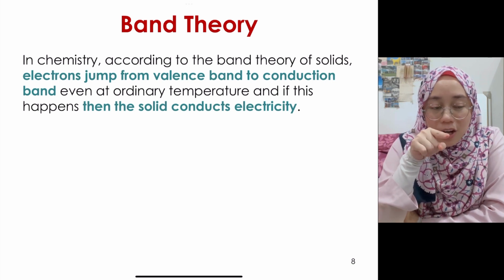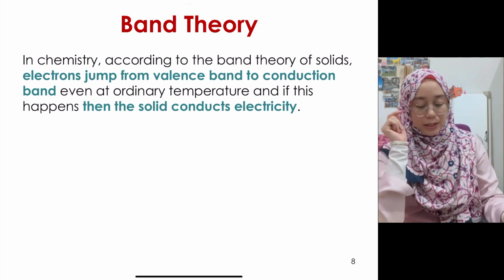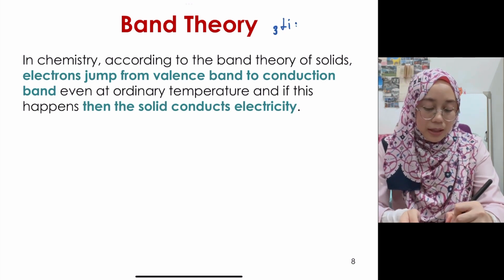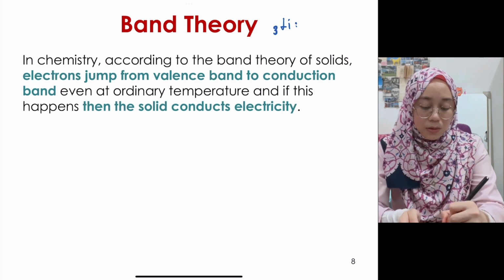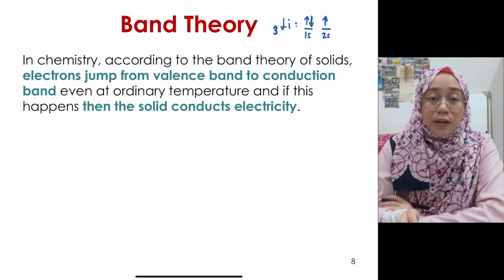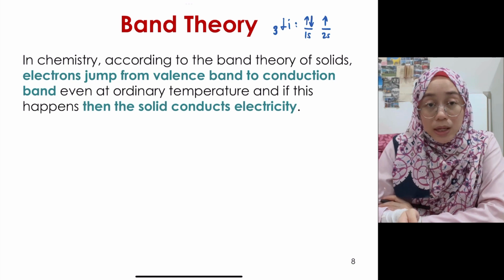For example, lithium. Lithium has 3 electrons. So it has 1s, and the next one is 2s. Our valence electron is located in the 2s orbital, right?